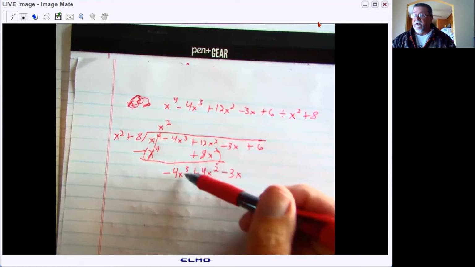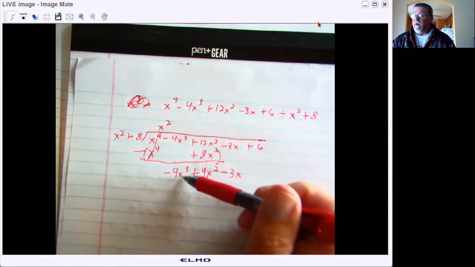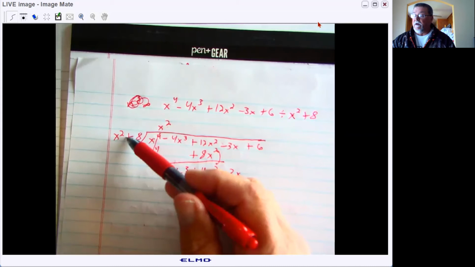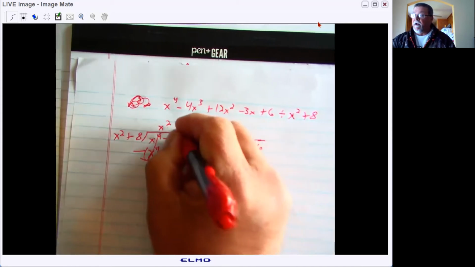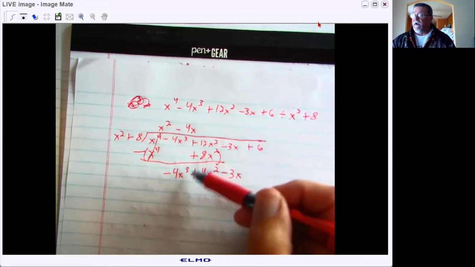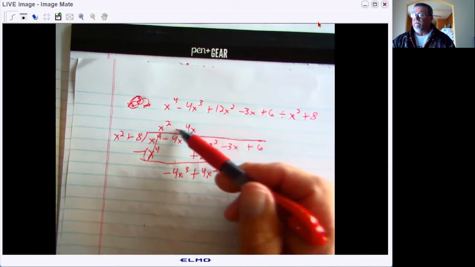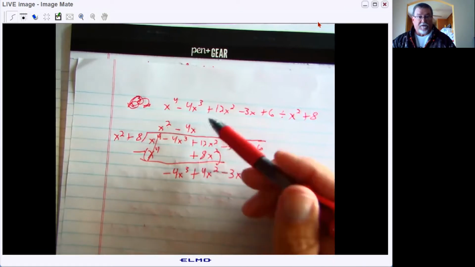So what is the leading term divided by the leading term? Negative 4x cubed divided by x squared. That's going to give me minus 4x. Negative 4x cubed divided by x squared will give me a result of minus 4x.